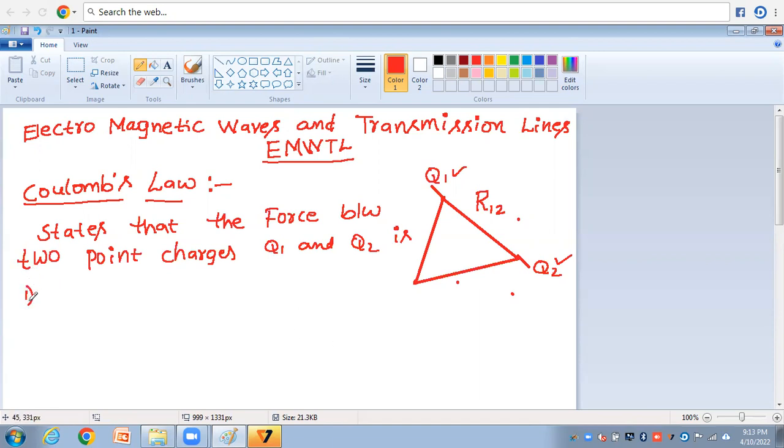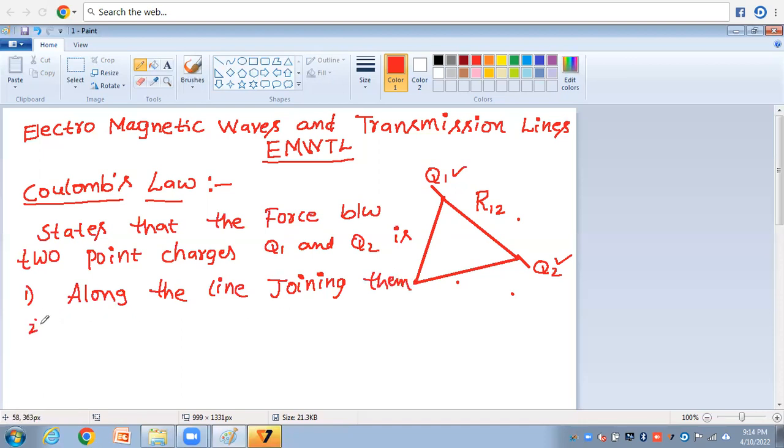One is that it acts along the line joining them.